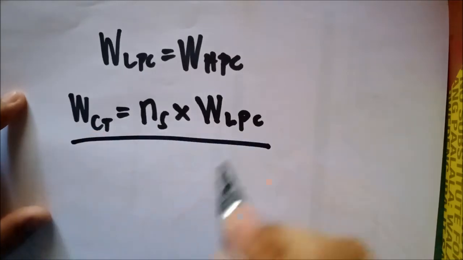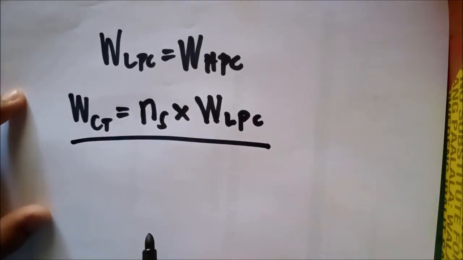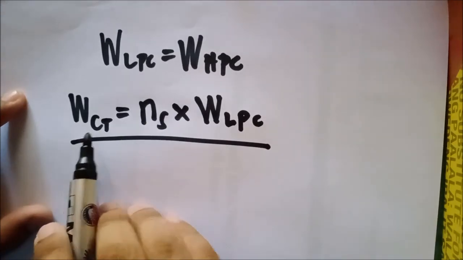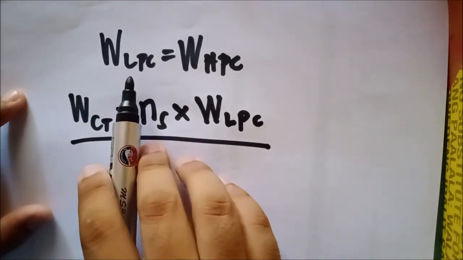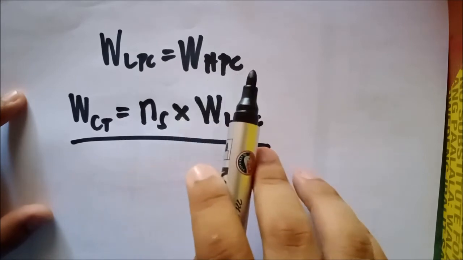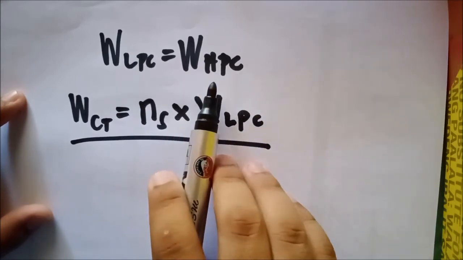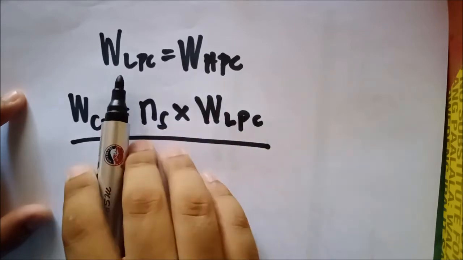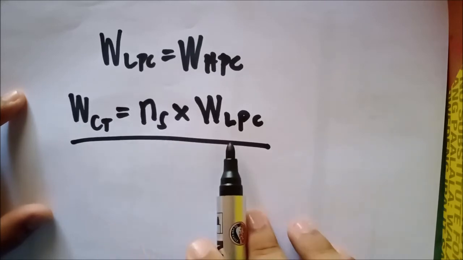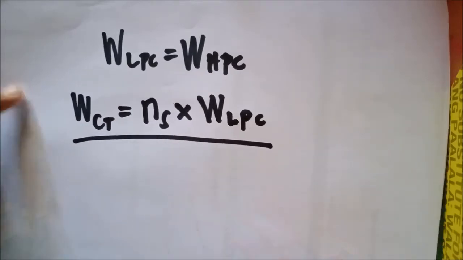So this is the general formula of the work compressor total, no? Because we will equate all the succeeding compressors to the value of the low pressure compressor. So it is determined by the number of stages times the work of the low pressure compressor.